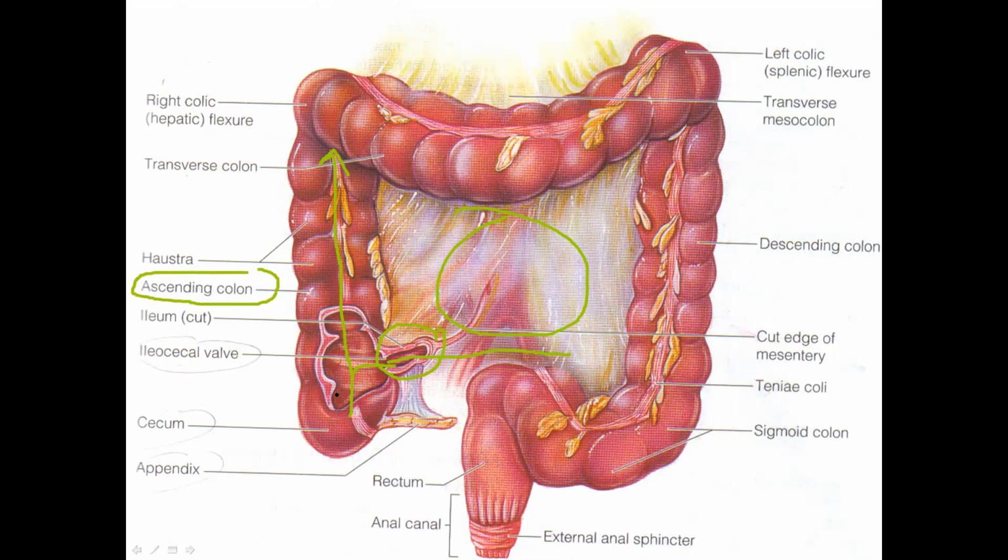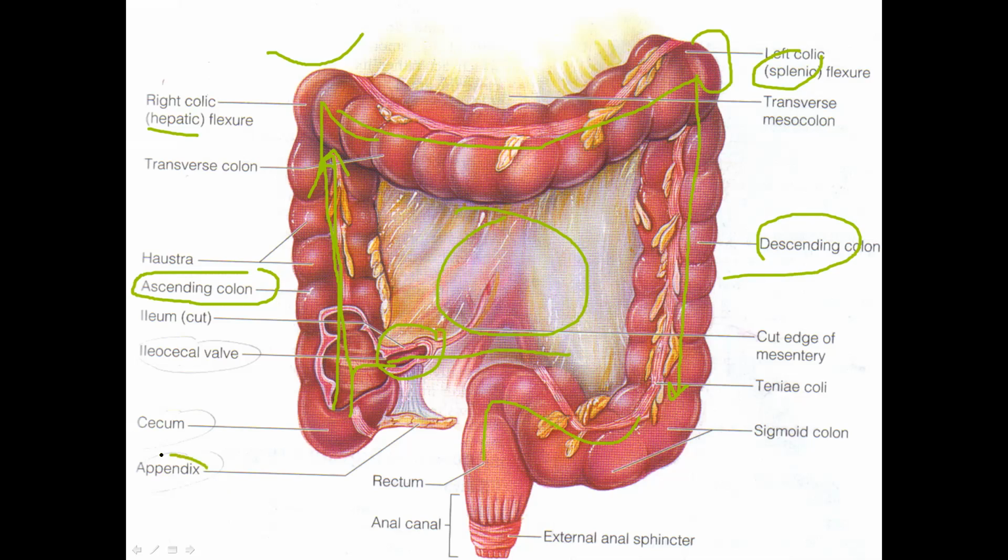Ascending colon goes up. You have the hepatic flexure, which means it does kind of a U-turn at the liver. So hepatic means liver. And then the matter is moving across the transverse colon to the splenic flexure, because this is where your spleen is. And then it goes down, which is the descending colon. And then it goes to the sigmoid colon and eventually is expelled to the anus as waste.